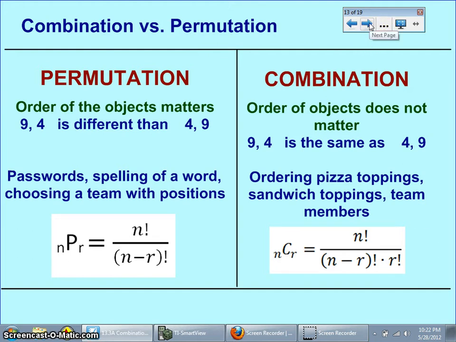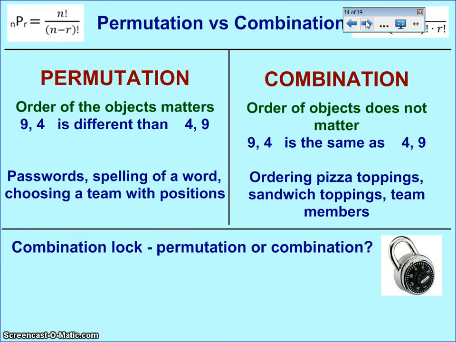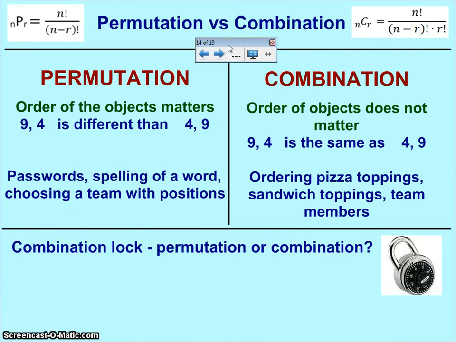That being said, with this little comparison right here, and you got the 2 formulas down there, question for you. A combination lock is a series of 3 numbers that will open your lock. Is that an example of a permutation or a combination? Take a moment, answer it, pause and play.